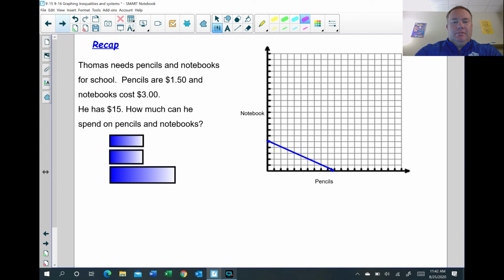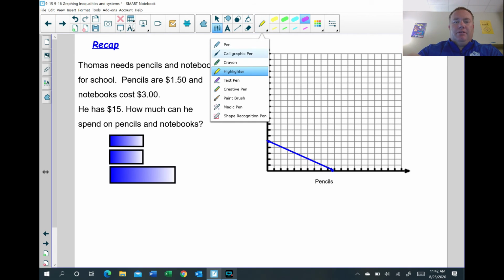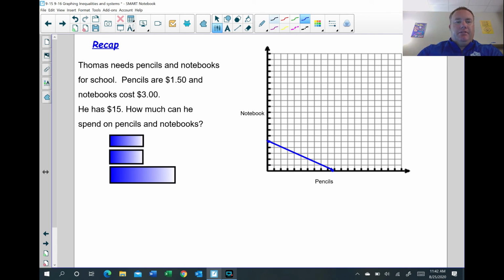One more. So let's talk about this one. Now, when we talk about a problem like this, what we're going to talk about is how we write this equation. Now, Thomas needs pencils and notebooks for school. Pencils are $1.50 and notebooks are $3. He has $15. How much can he spend on pencils and notebooks?